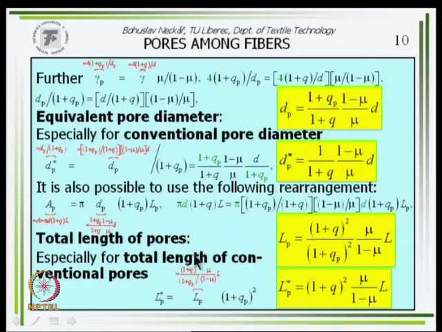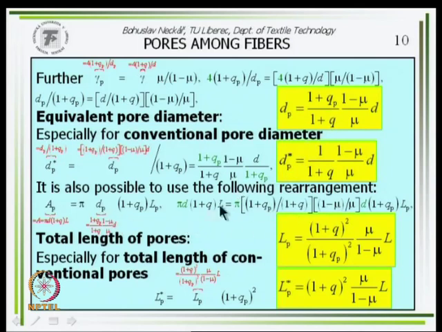How about the total length of pores? The surface area of pores, AP, we assumed to be equal to the surface area of fibers, A, and for A we know such an equation. And because AP was pi times dP times this one, we can use it. In place of dP, we use this here.